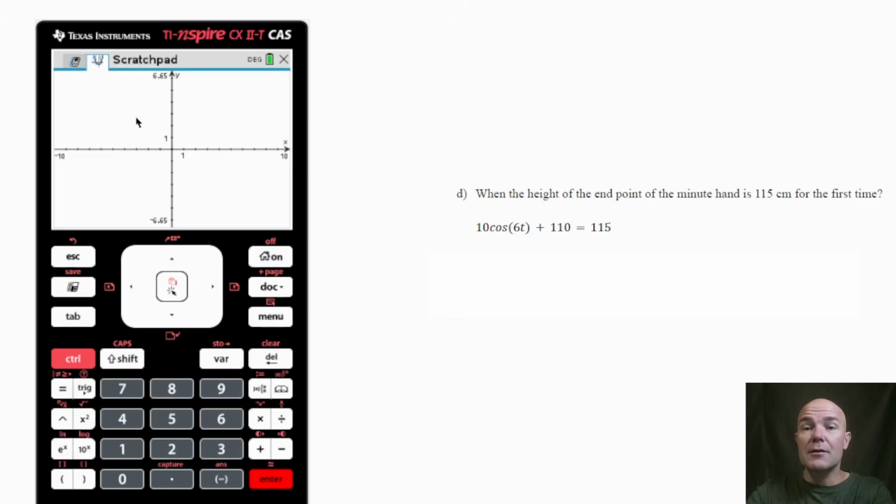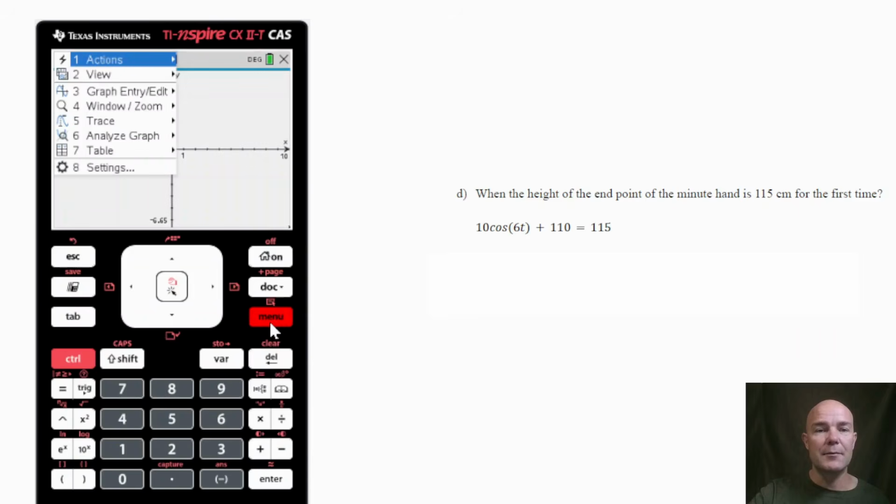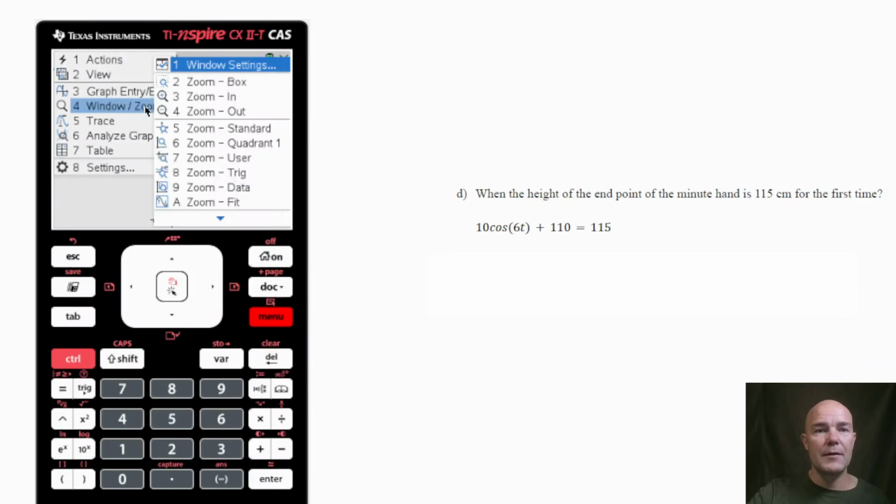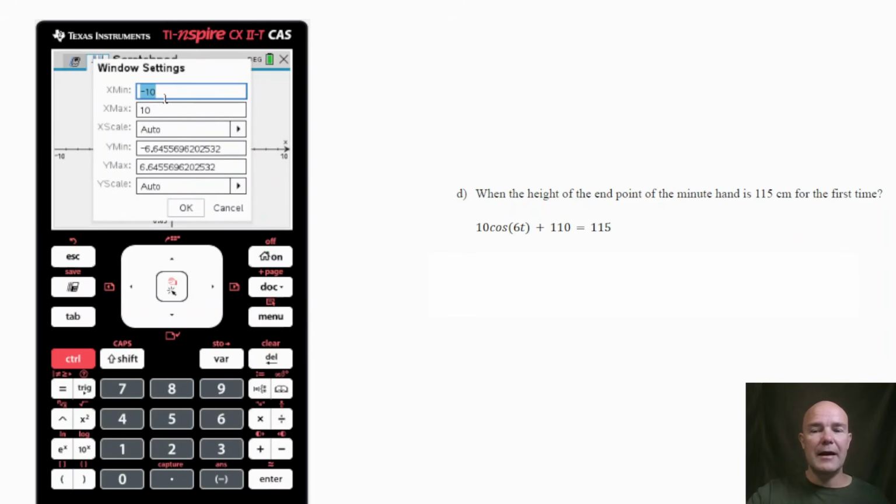And since the cosine function is high up there at the 100 level, we have to change the window settings by pressing menu, window/zoom, and window settings. Our x value goes from 0 to 60. That's our time value, so that's enough.